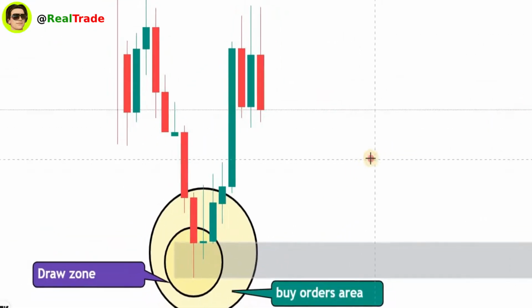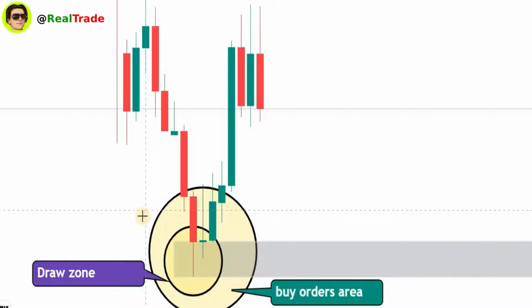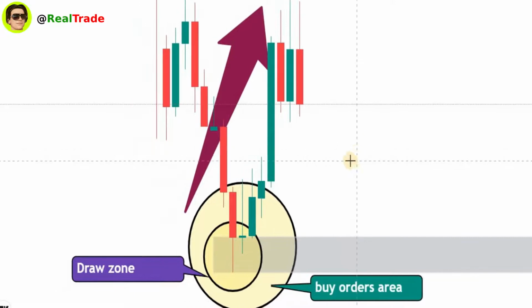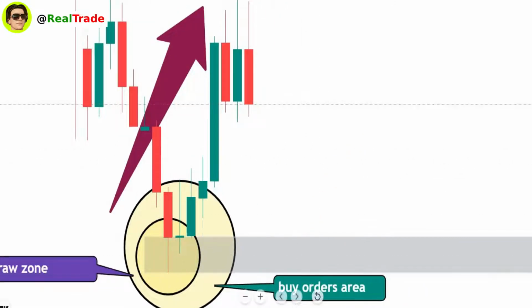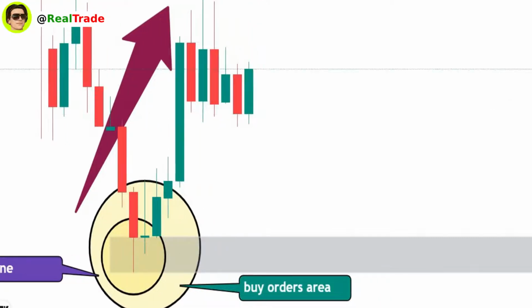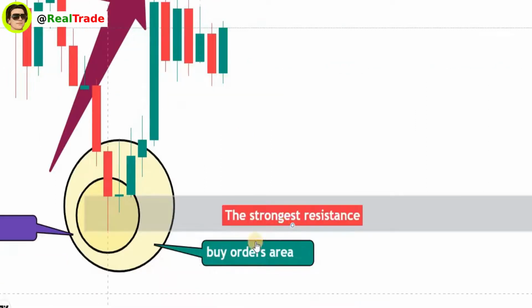Return price go buy. Fast buy. Yes. Continue. Next candle.